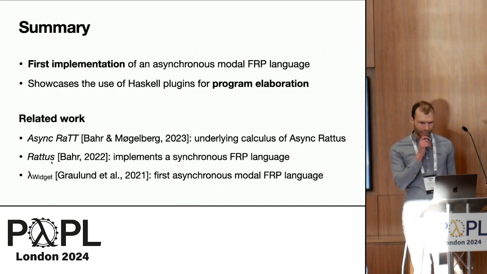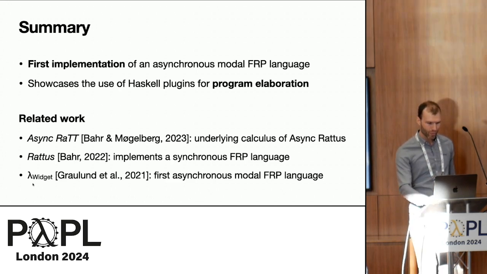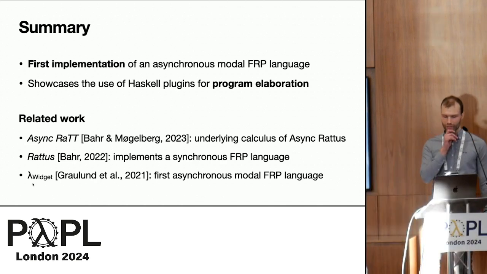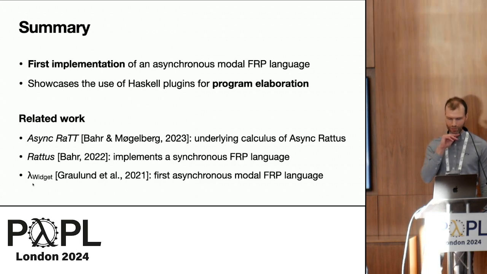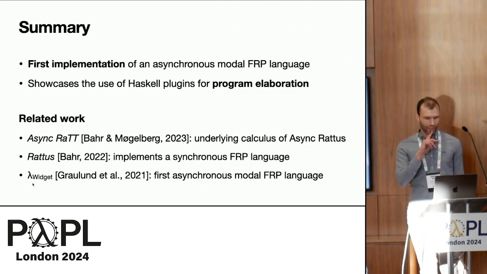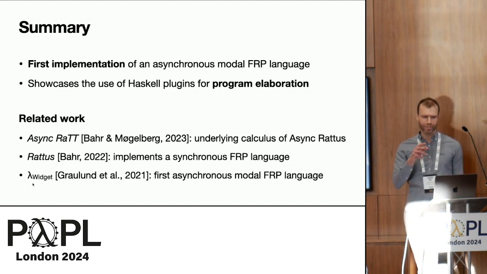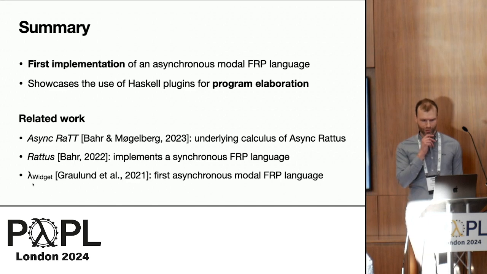And finally, there's this Lambda widget language, which is the first asynchronous modal FRP language I'm aware of. A lot of the ideas of Async Rattus also draw inspiration from Lambda widget. But Lambda widget does a lot more things. It also has linear types to build GUIs, to represent this kind of manipulation of state.